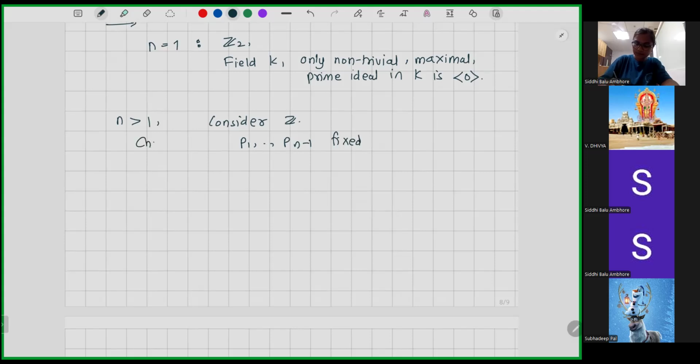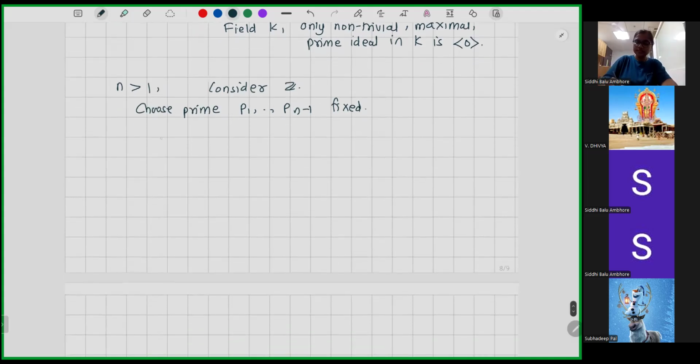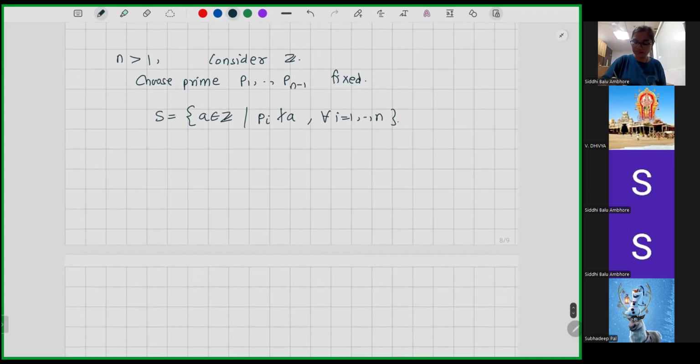Choose primes. And then S is the set of A in Z such that Pi doesn't divide A for all i from 1 to n-1. So we are taking all the integers such that none of these primes divide that integer A. Check that S is a multiplicative set. Clearly 1 belongs to S, right? Because no Pi divides 1. So 1 is there. Good.